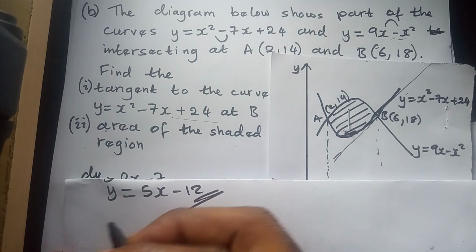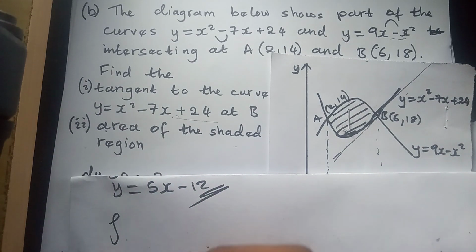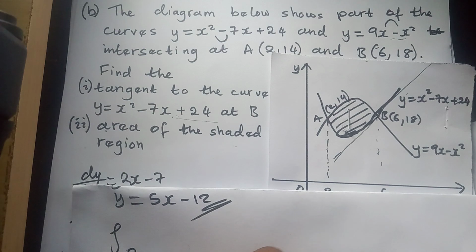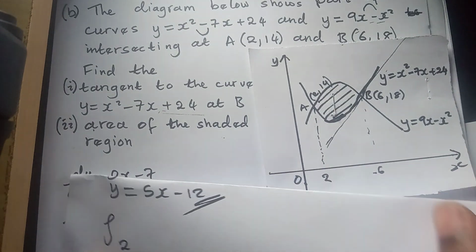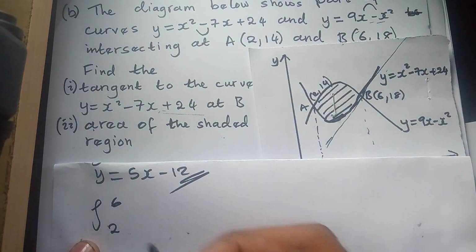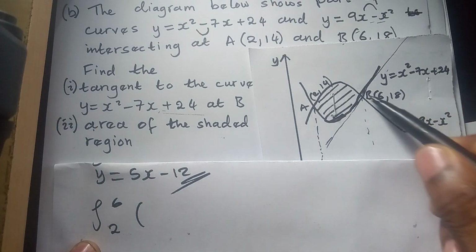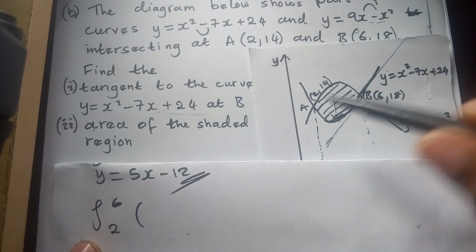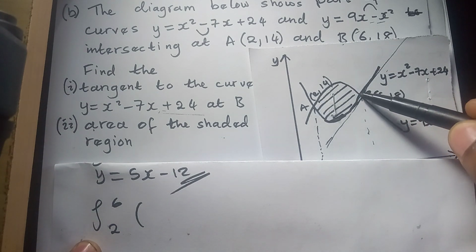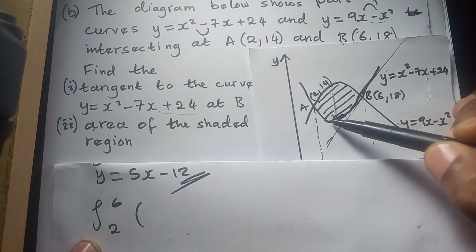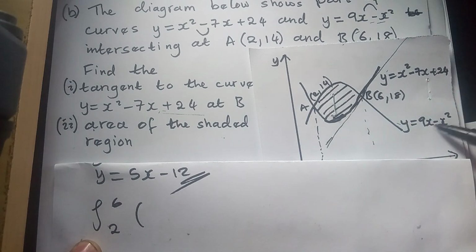So we can say the definite integral from 2 to 6 of the bigger function, which is this one. Remember, this one is on top, so we have to find the area below this line and subtract the area below this line to find the shaded region.